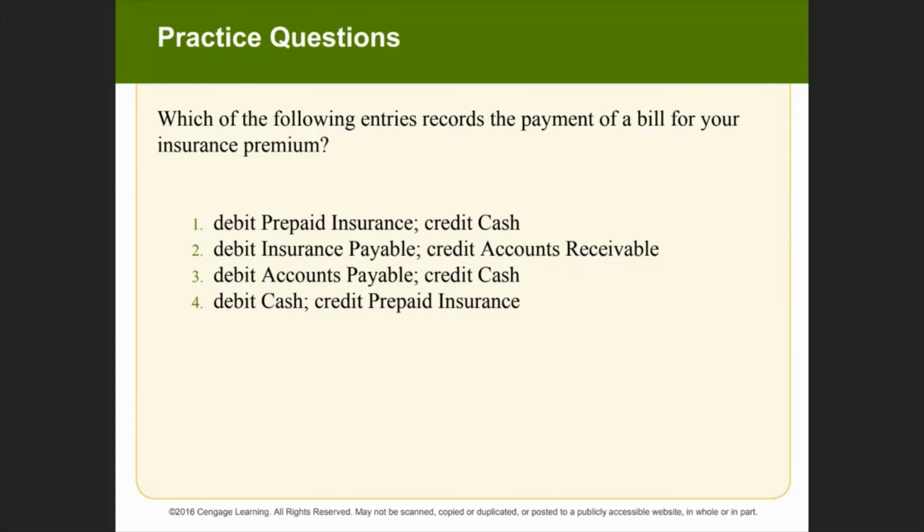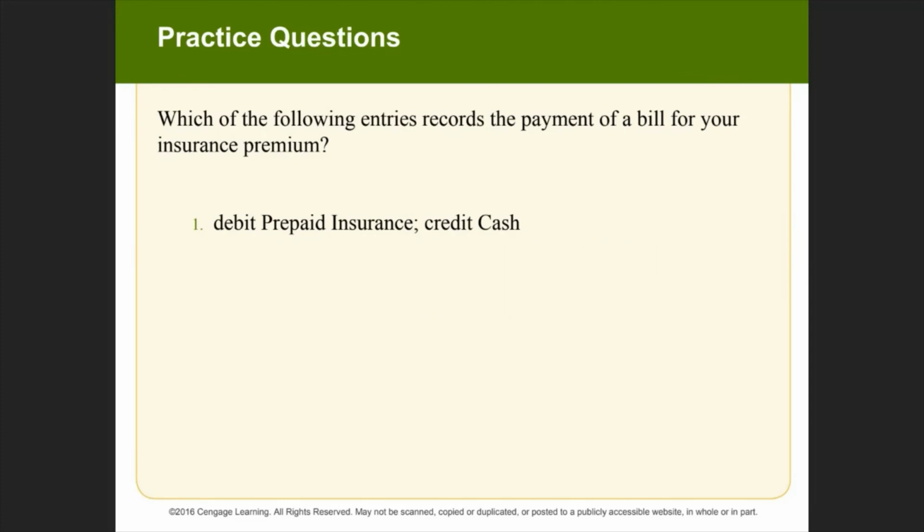Prepaid insurance is an asset. So it would be number one. Oh, no, mine's wrong. She's right. Debit prepaid, credit cash. Yeah, I was thinking deductible.